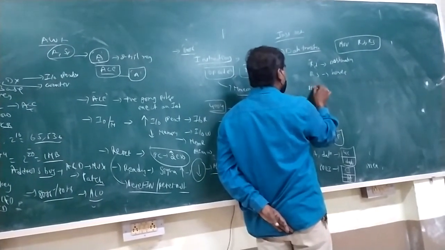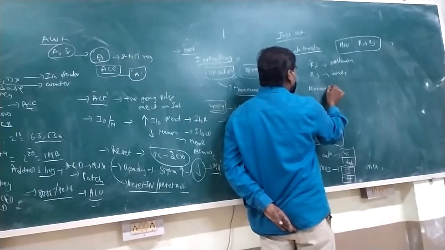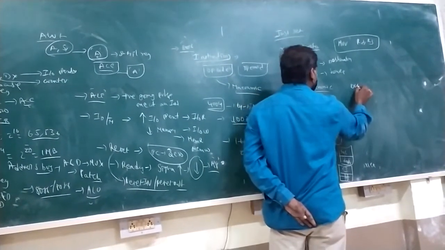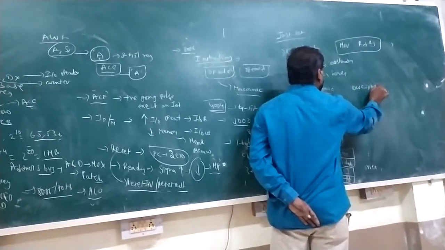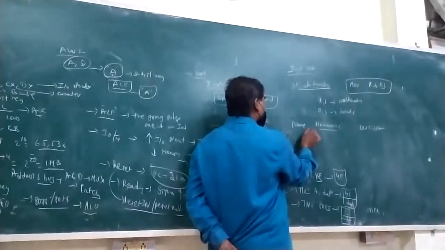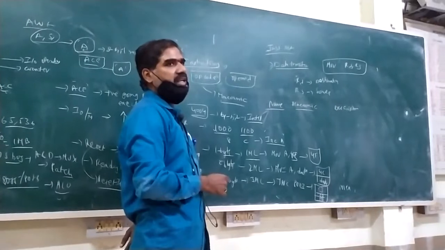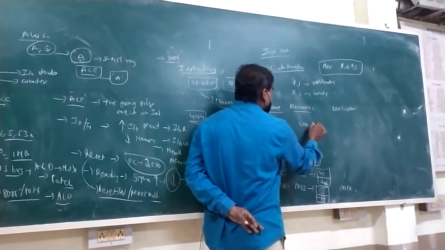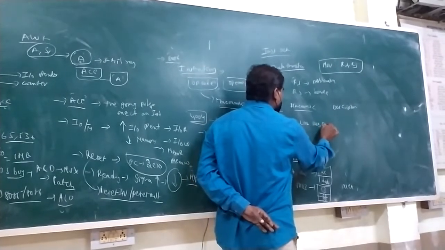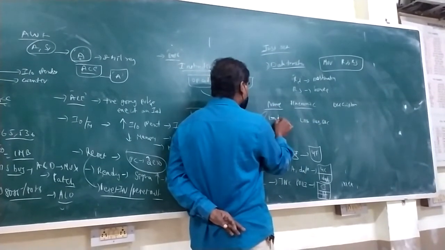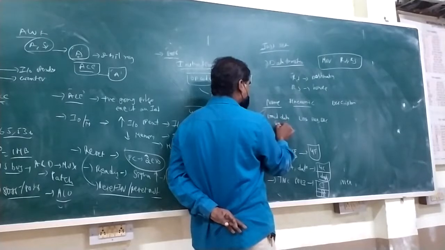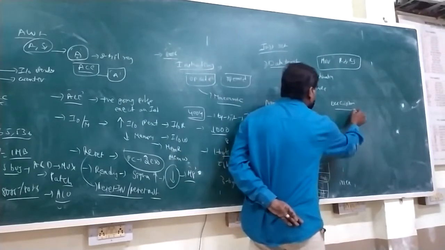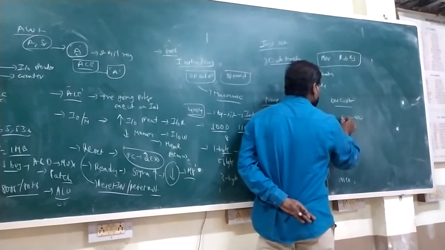Mainly it is divided into three parts: name, mnemonic, and description. LDS register comma source is load data segment. It transfers from source to register.